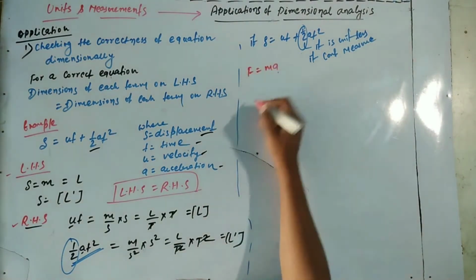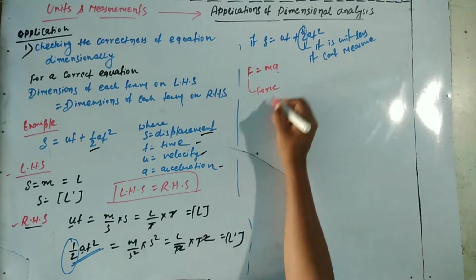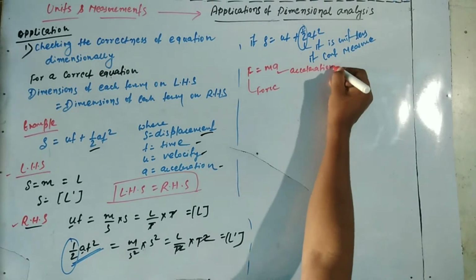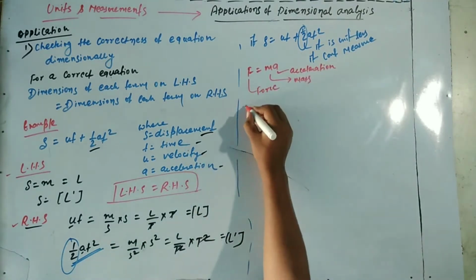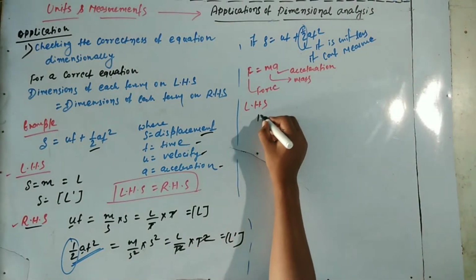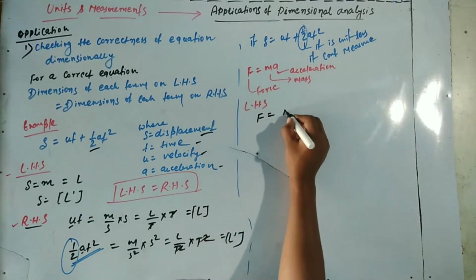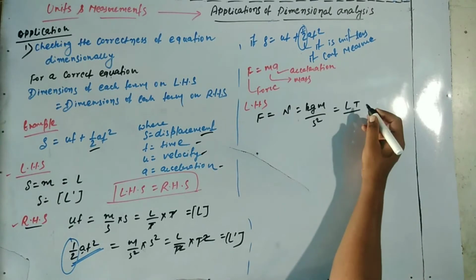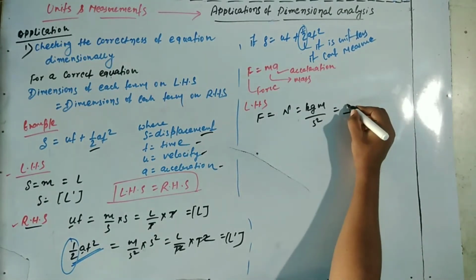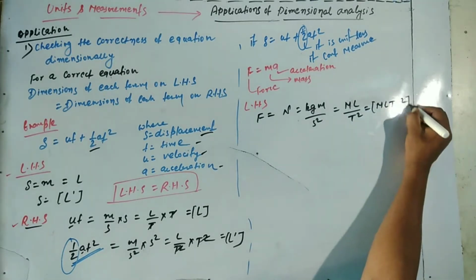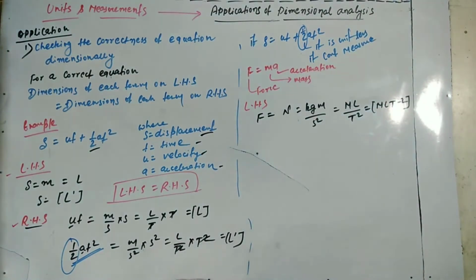Next we take an example, F equals ma, where F equals force, a equals acceleration, and m equals mass. In case of LHS, F, its SI unit is Newton, that is kg meter per second square. Then its dimensional formula is M L T power minus 2.